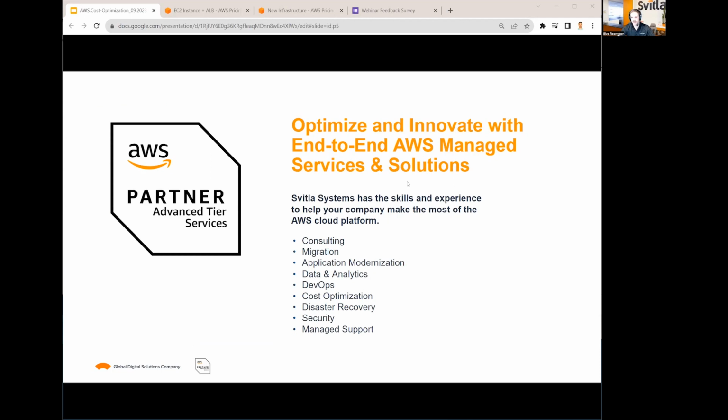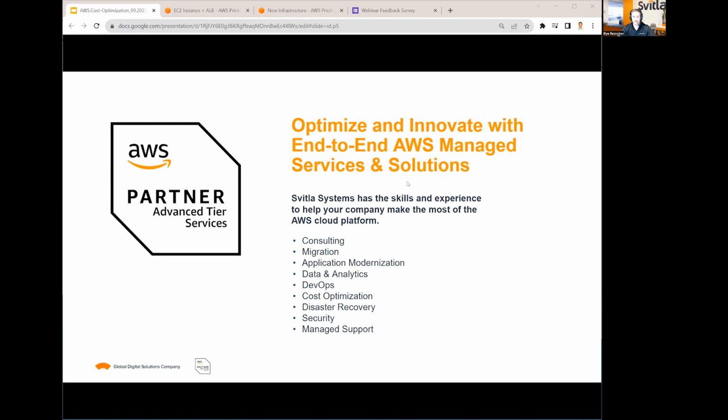Svitla is an AWS Advanced Tier Service Partner. So it means that we are members of the APN network created by AWS. Also, we have skills and experience to help companies make the most of the AWS cloud platform.